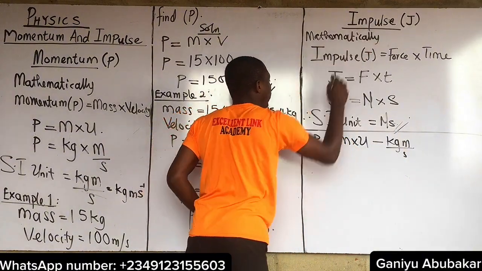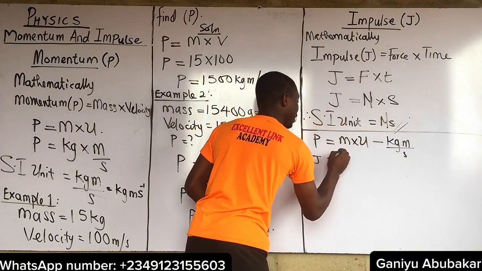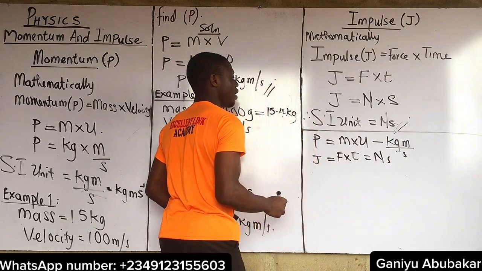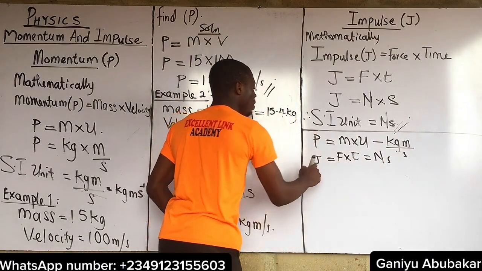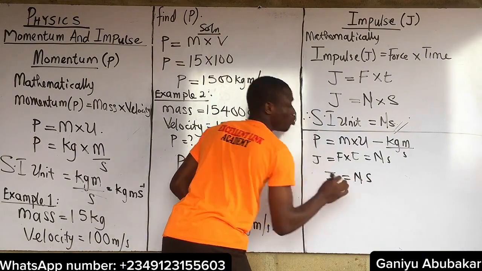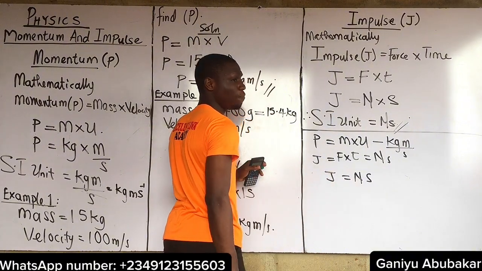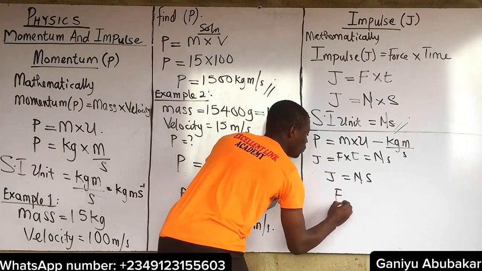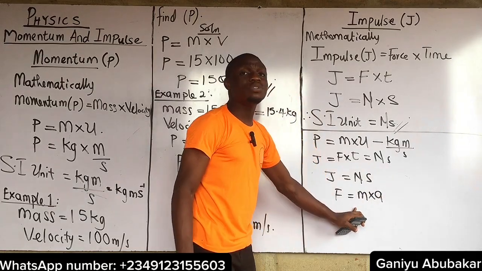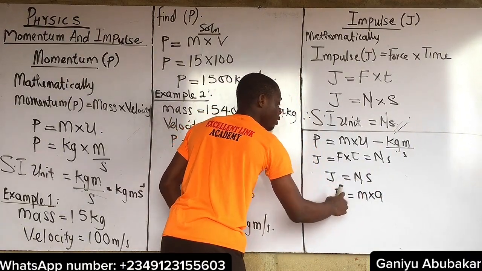We now said impulse J is force times time, which is Newton second. True or false? True. But Newton here represents force. So we said force is equal to mass times acceleration from Newton's second law of motion.